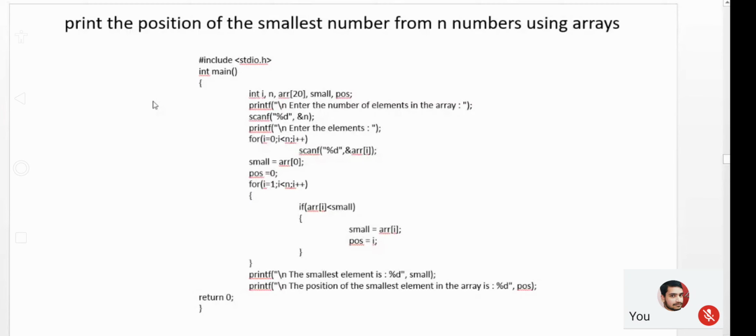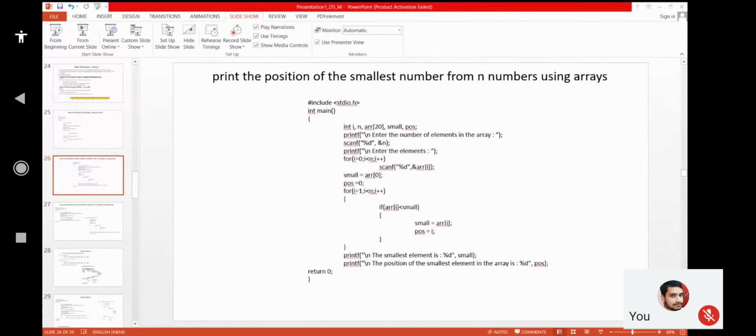No, sir, we can't see that. That is not visible. Is it visible now? No, sir. Only the slide is visible, the rough work is not visible.